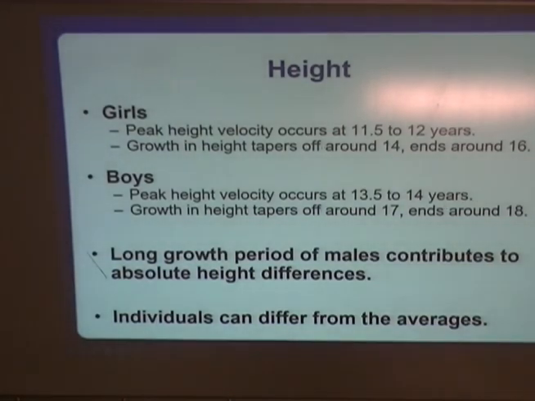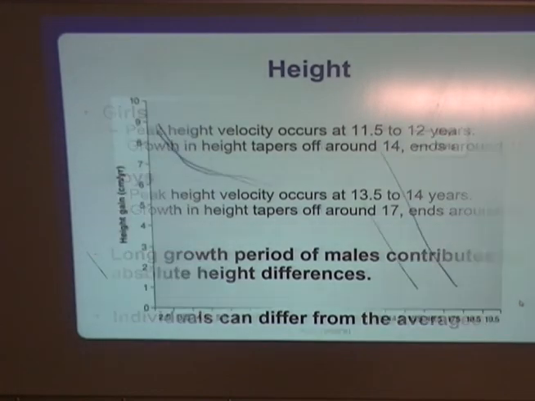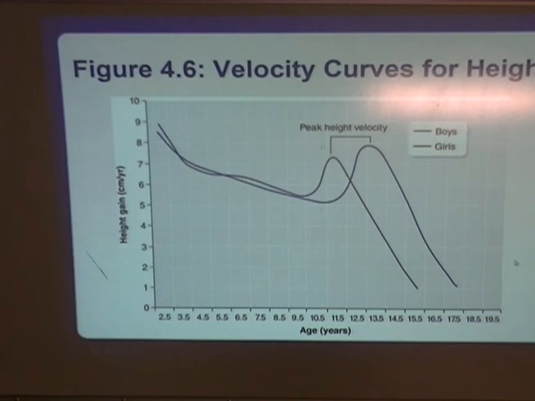So when we look at a velocity curve rather than a growth curve, a velocity curve looks like this. So quite different to the S-shaped curve, but it's really giving us the same information, just in a different format. Okay? So here we have age or time, and here we have, instead of growth, we have gain.